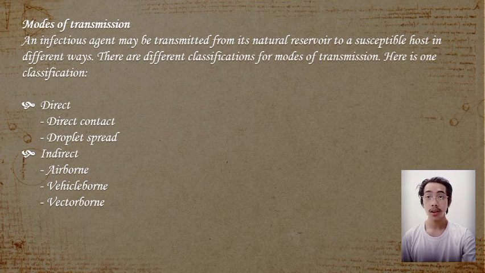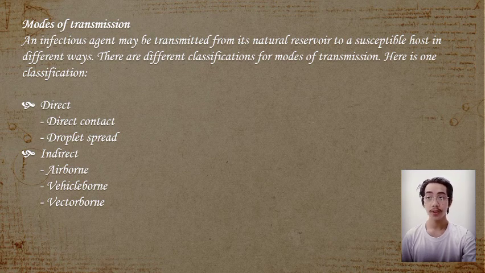Direct contact also refers to contact with soil or vegetation harboring infectious organisms. Thus, infectious mononucleosis, or the kissing disease, and gonorrhea are spread from person to person by direct contact. An example of this is hookworm, which is spread by direct contact with contaminated soil.